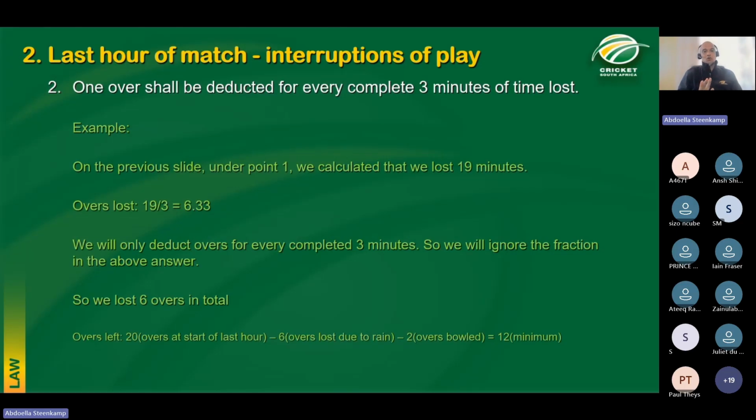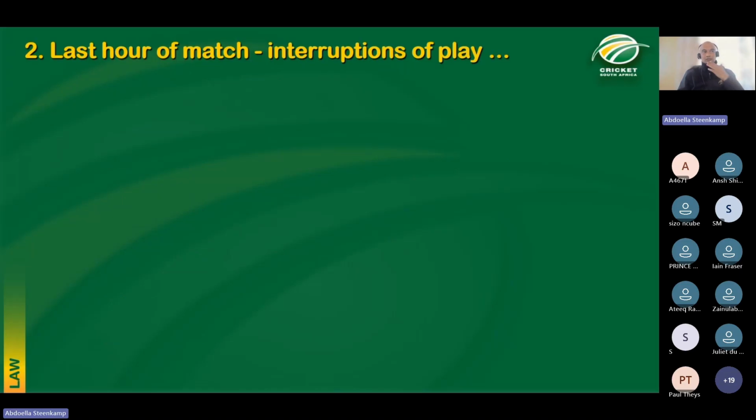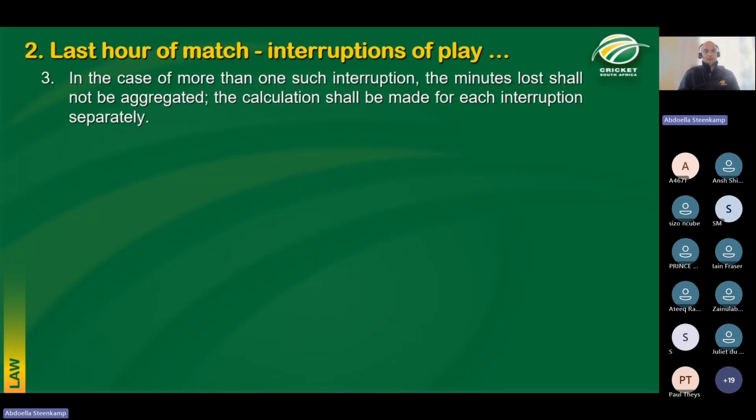So 2 steps if it rains in the last hour to calculate how many overs left. Calculate the minutes lost due to the rain, divide those minutes by 3, and subtract from the overs at the start of the last hour, less the overs that were bowled. And we get our minimum number of overs in the last hour. Those are the 2 steps that we follow if it rains in the last hour.